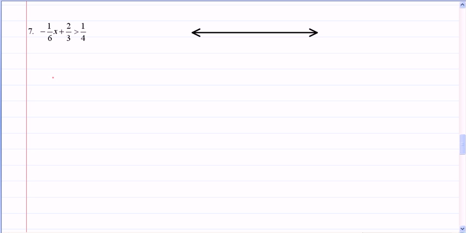For number 7, negative 1/6x I will rewrite as negative 1x over 6 plus 2 over 3 is greater than 1/4. So if I list my multiples of 6, I need to find a least common denominator, and I'm looking for a match between the multiples of 6, 3, and 4.